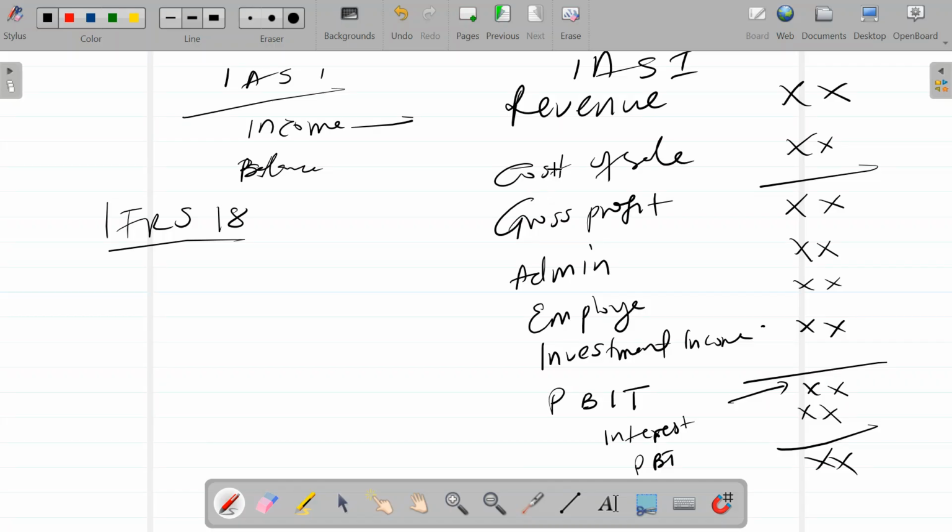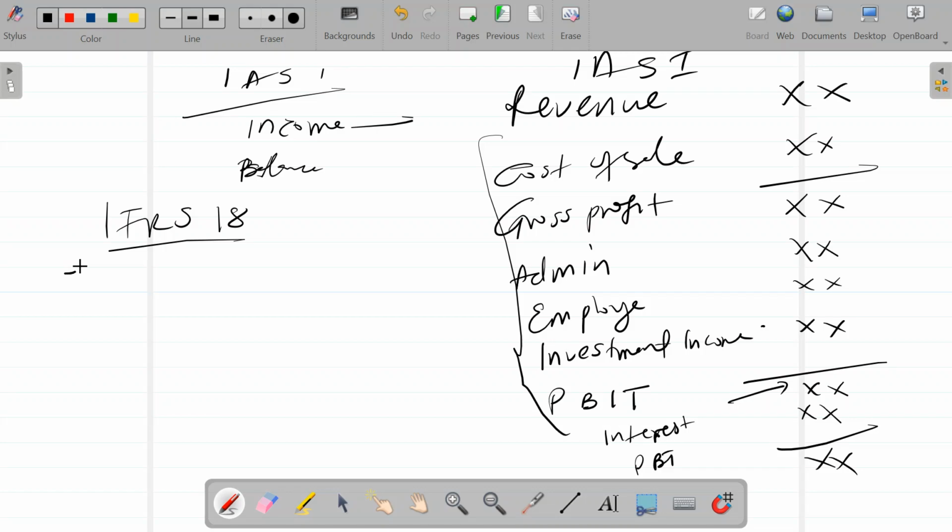How? It solves the problem of arrangement of the accounts, of the items. According to IFRS 18, we must group all the items into three categories. All these items here, we have to group them into three areas.